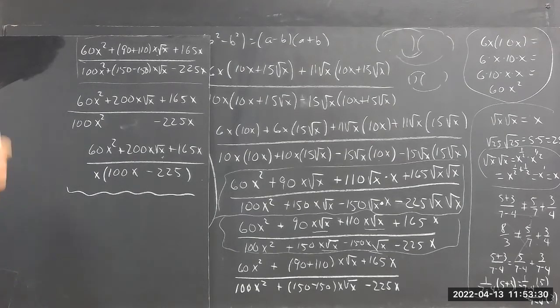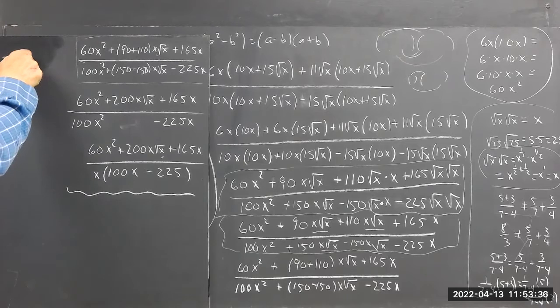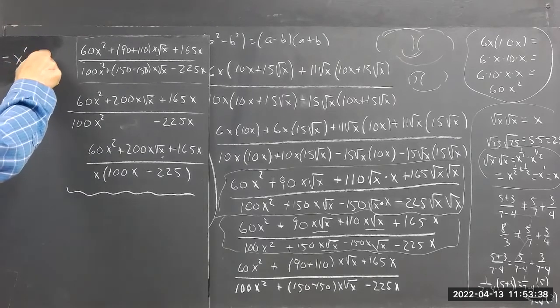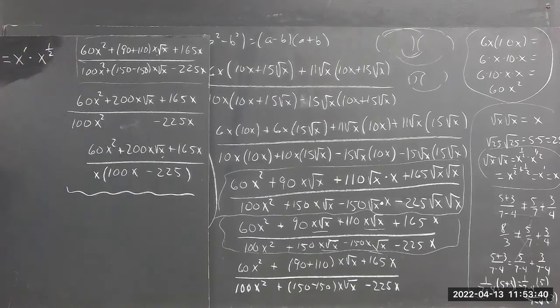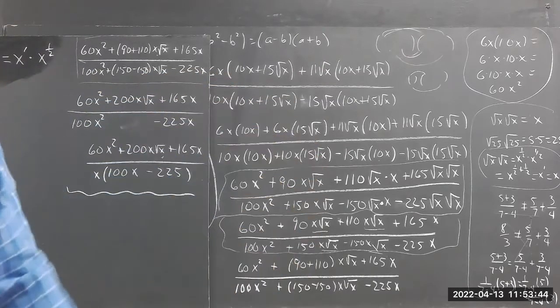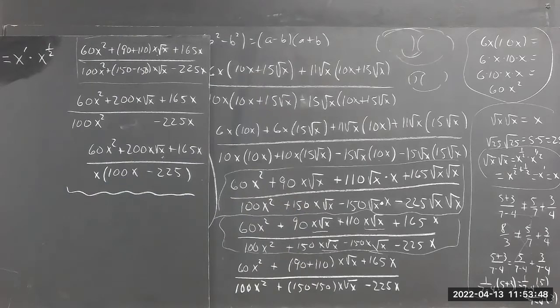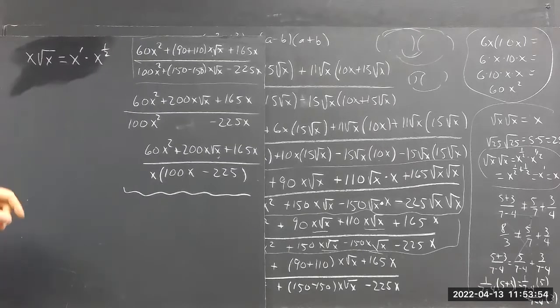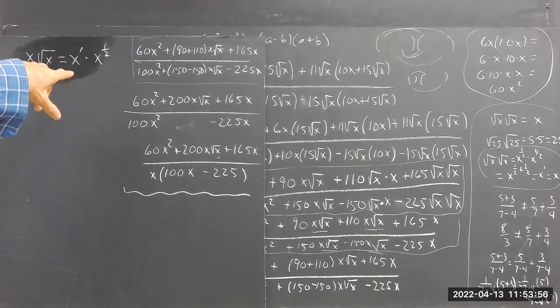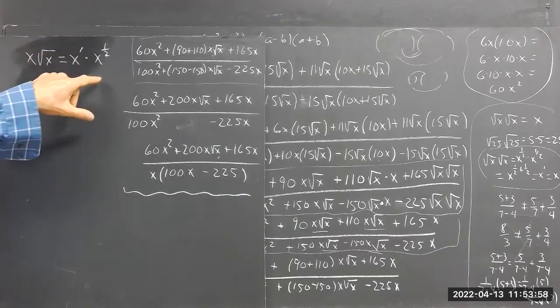Okay, we got x times square root of x is x to the 1 times x to the 1/2. And of course, this is x to the 1/2 because of what we wrote over here. Let me cover a little bit of my work here, since I can't see that on the screen. Okay, that's x to the 1 times x to the 1/2.